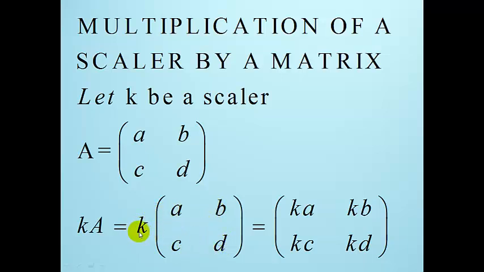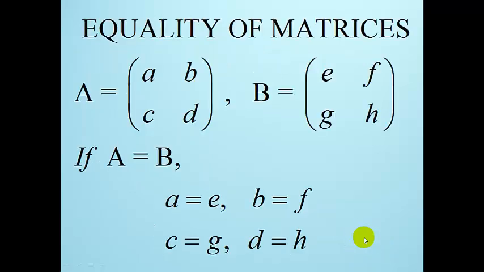And when you are multiplying a scalar by a matrix, the scalar multiplies all the elements. So k times a gives us ka, k times b, kb, k times c, kc, and k times d, kd. So that is how we multiply a scalar by a matrix. The scalar multiplies all the elements.